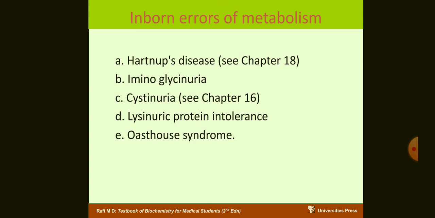Third is cystinuria. Fourth is lysinuric protein intolerance and Oasthouse syndrome. These diseases are given in detail by Vasudevan in his textbook of biochemistry. The references are given in chapter 18 and chapter 16. You can go for the clinical details of these enzyme errors.